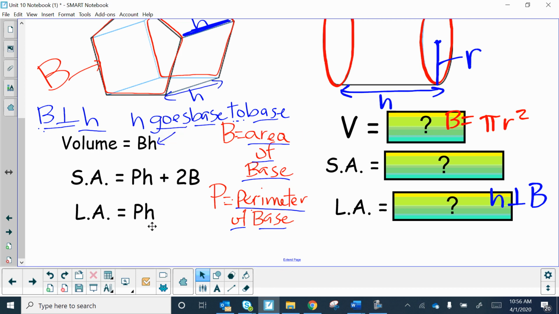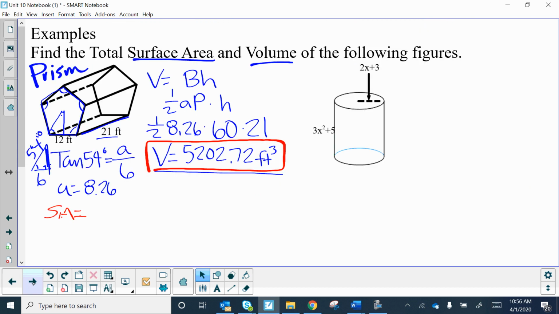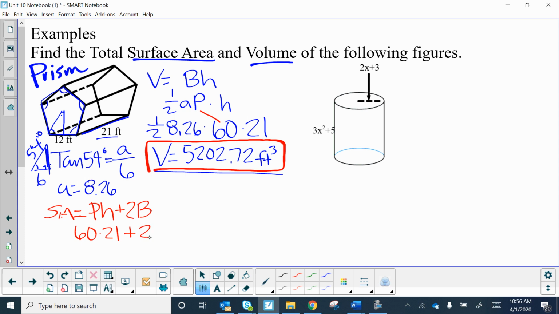Capital P times H plus 2 capital B. Capital P times H plus 2 capital B. Okay, so capital P we know. We did that earlier. That's 60. So I'm going to put 60 times 21 plus 2 times capital B.